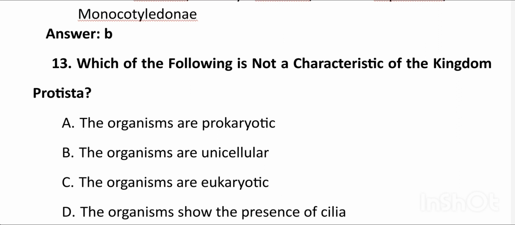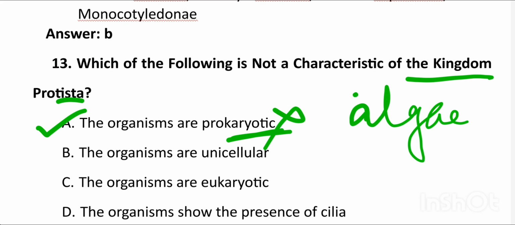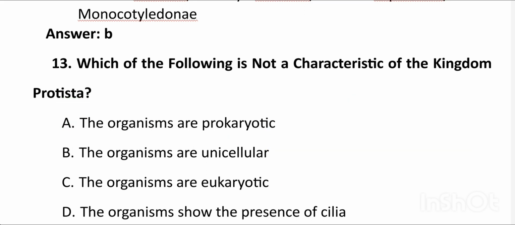So here the wrong statement is the organisms are prokaryotic. They are not prokaryotic. For example, algae, which belong to the Protista kingdom, may be unicellular but they are strictly eukaryotic. So here the answer is option A.